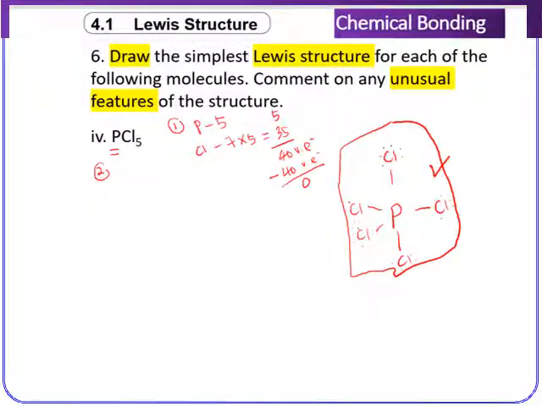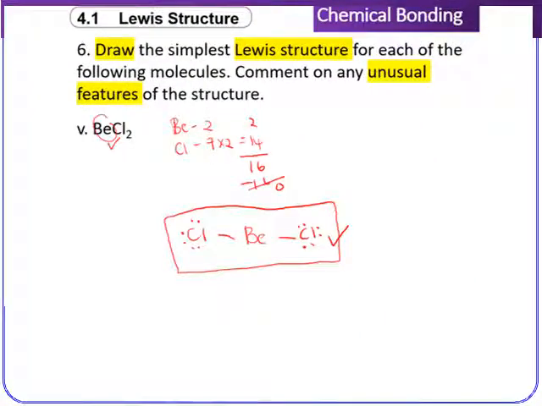For this question, we focus on phosphorus, 2, 4, 6, 8, 10, 10 electrons, so this molecule shows expanded octet. Continuing with the second last molecule, focus on beryllium, 2, 4, 4, surrounded by 4 electrons. So this one is incomplete octet.